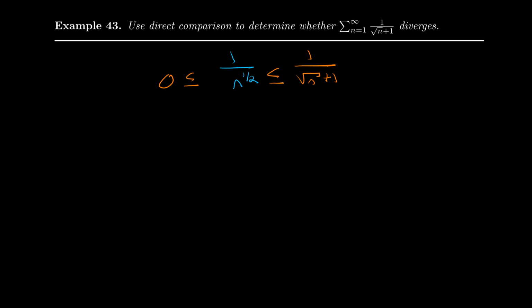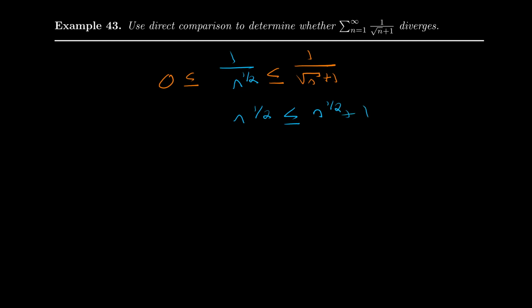Is 1 over the square root of n always going to be less than or equal to 1 over the square root of n plus 1? It worked in the last one. Is this always true? Think about it. It is not. The reciprocal's true. N to the 1/2 less than or equal to n to the 1/2 plus 1.